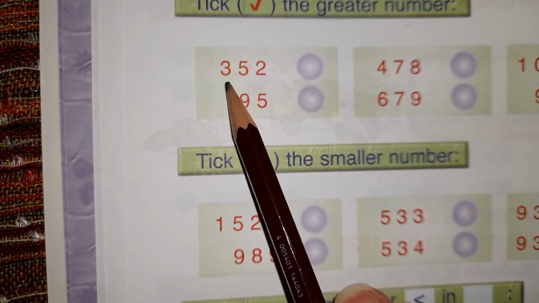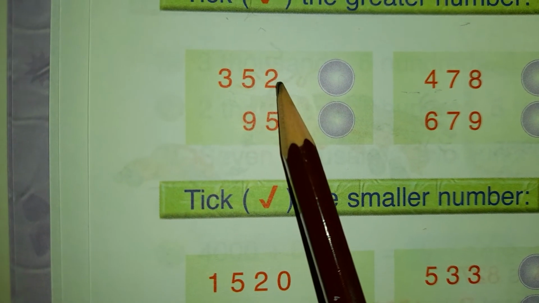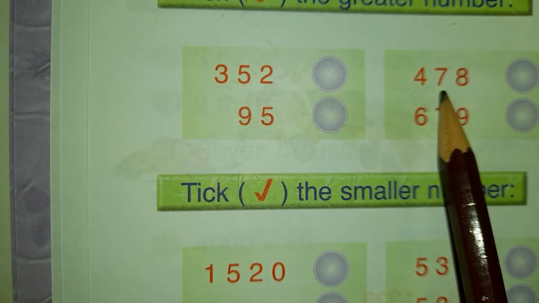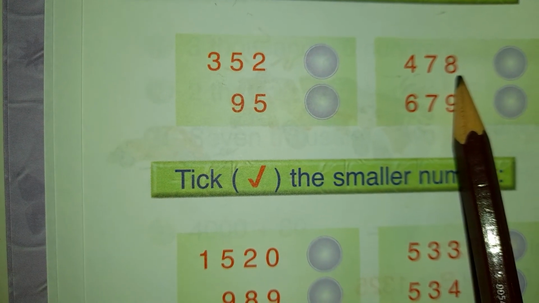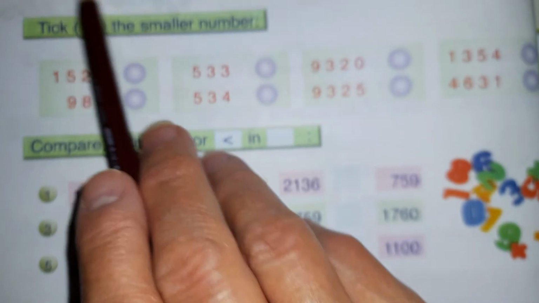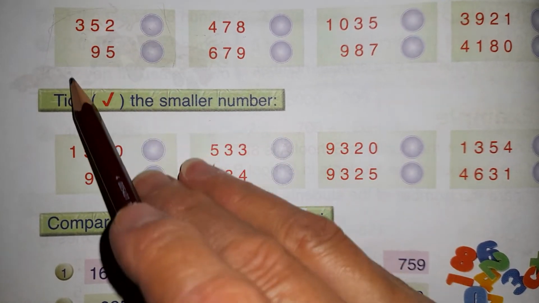Read the first number, 352. This number is 478. Okay, which number is the greater number? Sorry, I will take each two together in the same box.